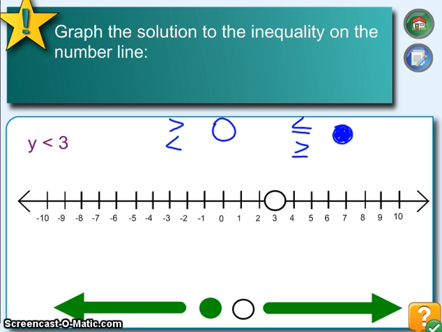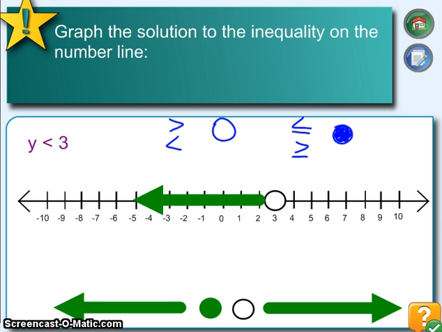The inequality used is less than, so let's take a look at the number line. If I move to the left of our circle, I'm getting the numbers 2, 1, 0, -1. All of those numbers are indeed less than 3.